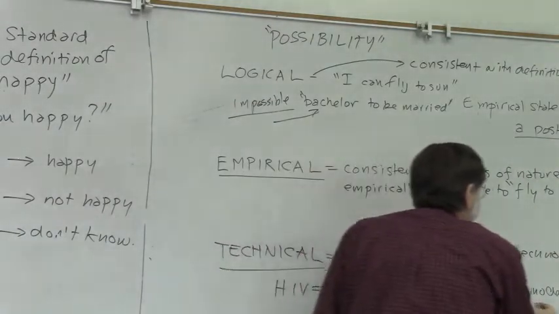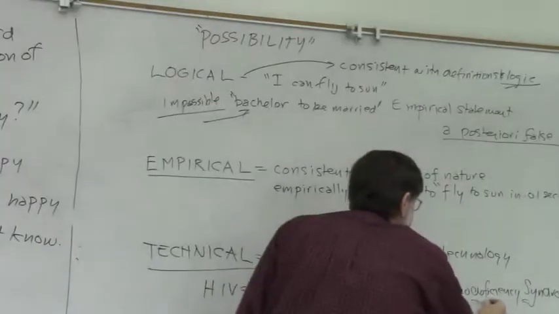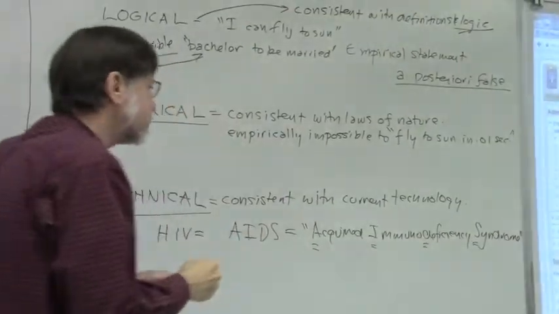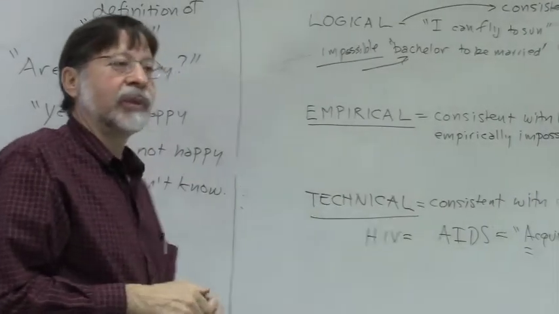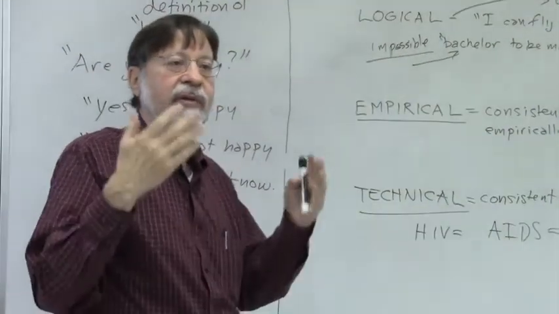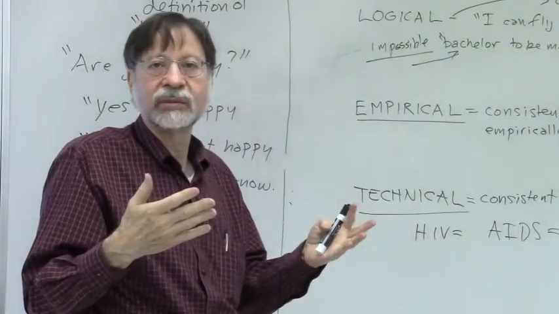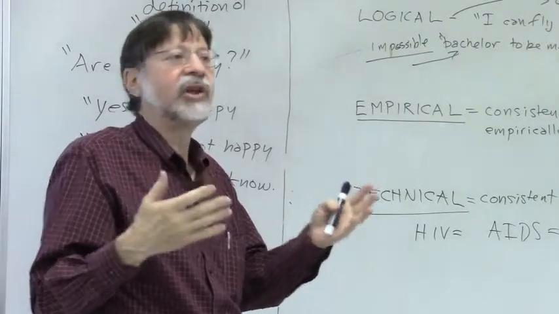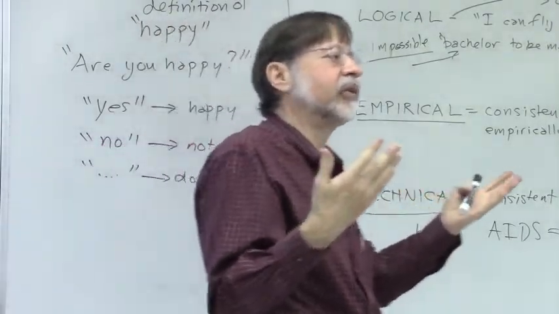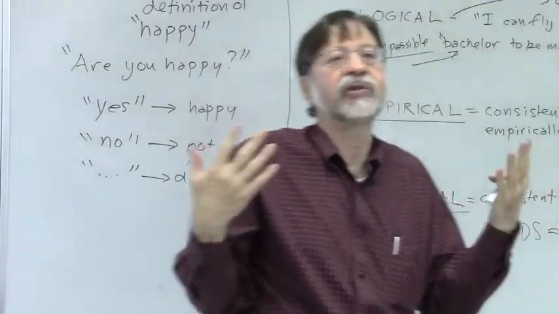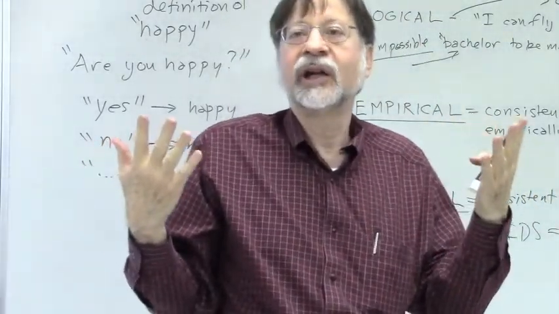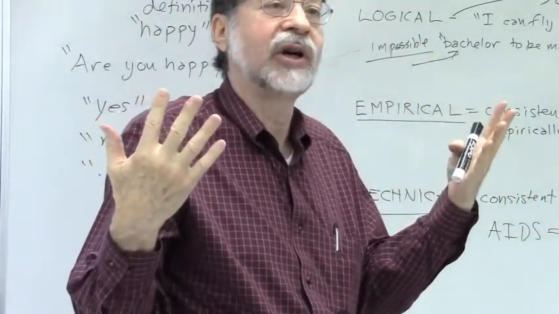Acquired immunodeficiency syndrome, AIDS. And what happens when a person gets AIDS? Well, their immune system becomes weakened. You're being exposed to bacteria and funguses and viruses all the time, and normally your body can fight these things off.